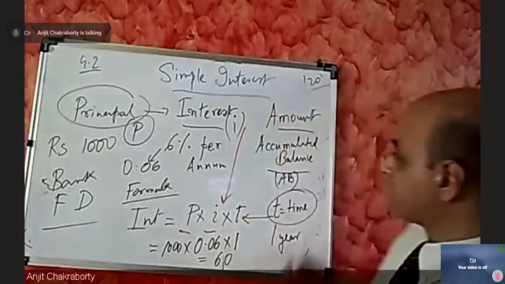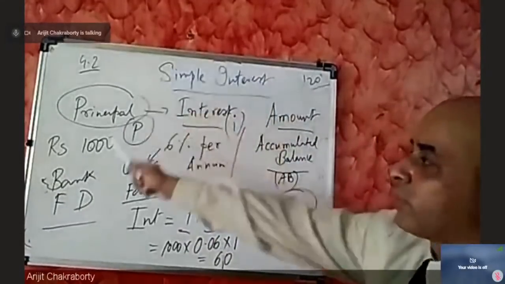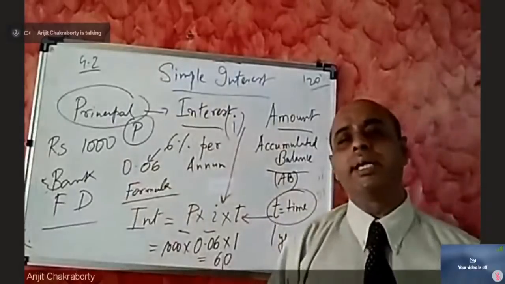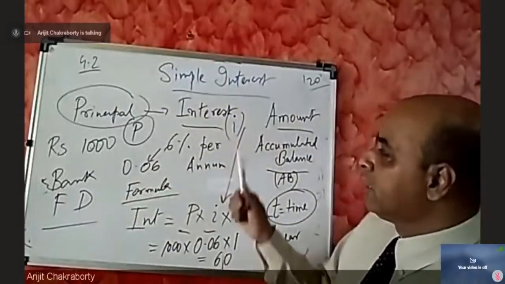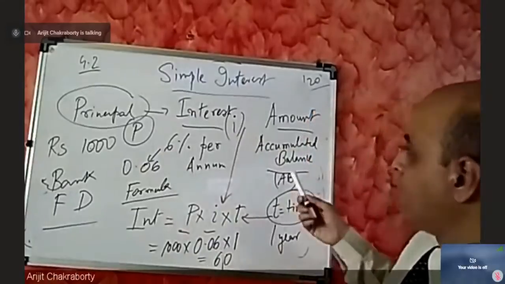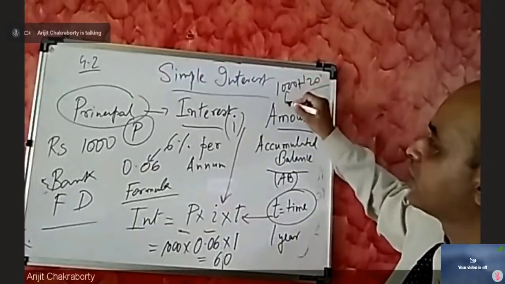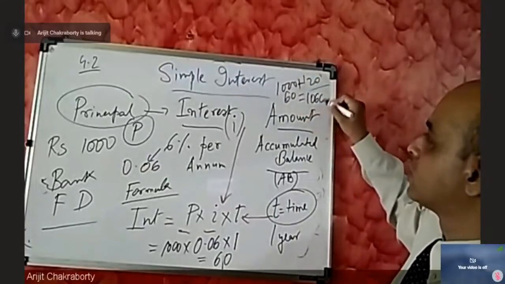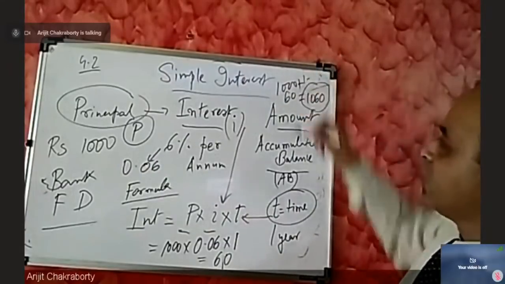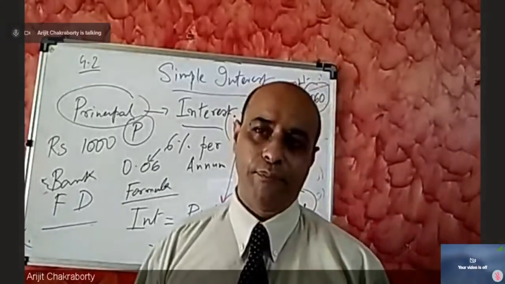Right? So what is my accumulated balance at the end of the year? I started with 1,000 rupees. I invested the money in a bank. I earned 60 rupees on the money. So I have at the end, how much? 1,000 plus 60, that is 1060. So at the end of the year, my accumulated balance becomes 1060.